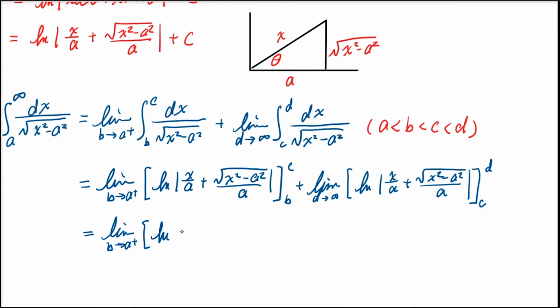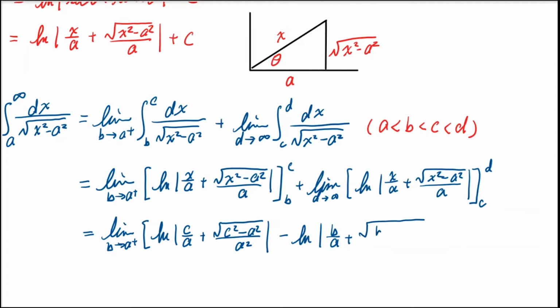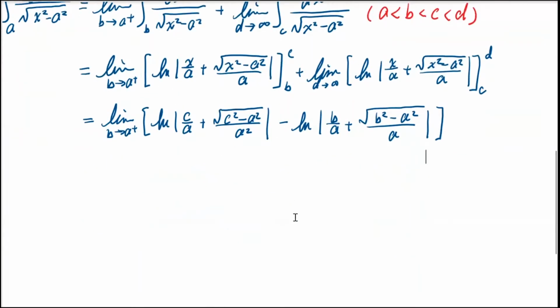So we have ln of c over a plus square root of c squared minus a squared over a, and minus ln of b over a plus square root of b squared minus a squared over a. That's just half of it, and the other half, holy cow, right?